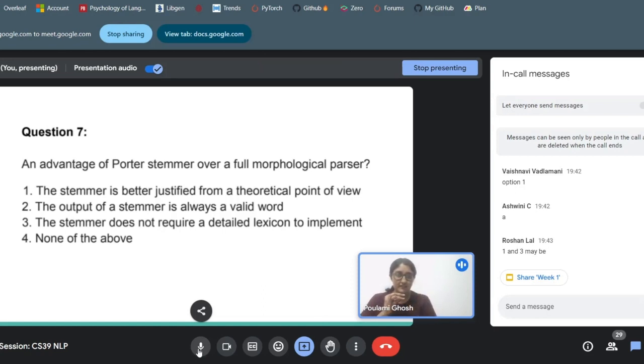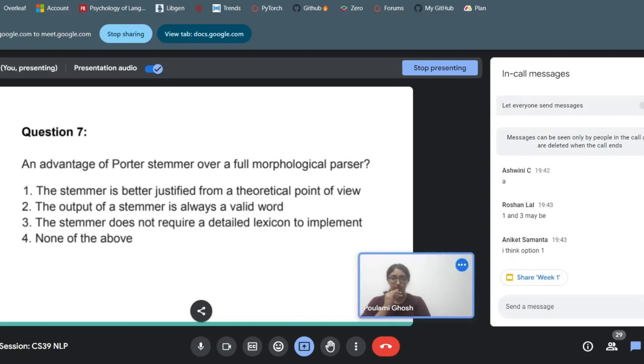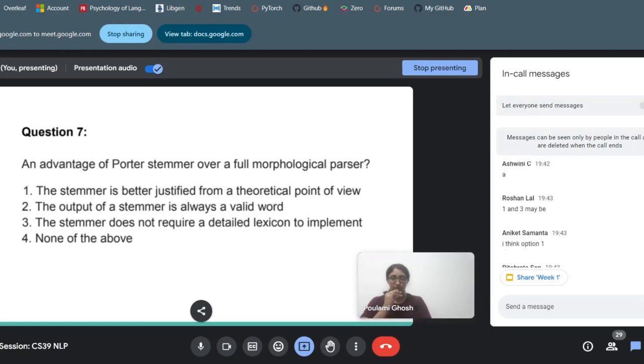Ashwini has said option A. You can explain your point. Aniket has said option A. Yeah, go on. Ma'am, here I selected one because the suffixes will be removed. As sir explained in the video, for example, if the word is place, it will be plai. And one more example which was explained in the video, pony.